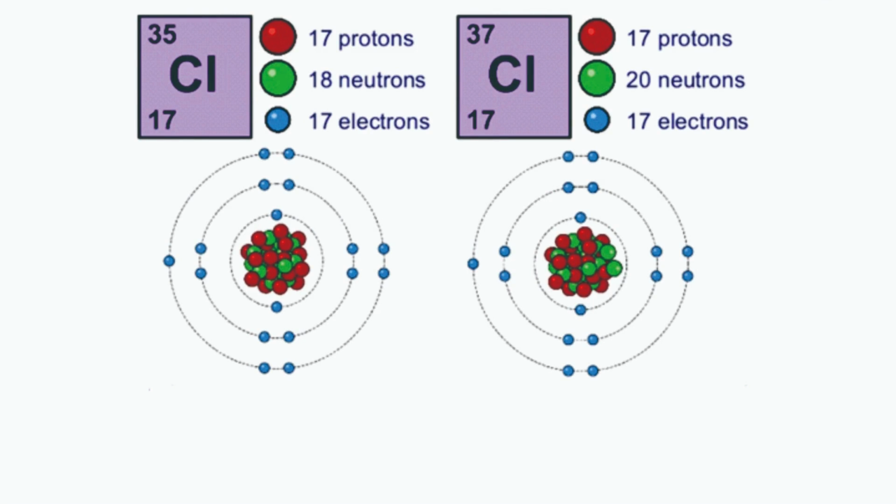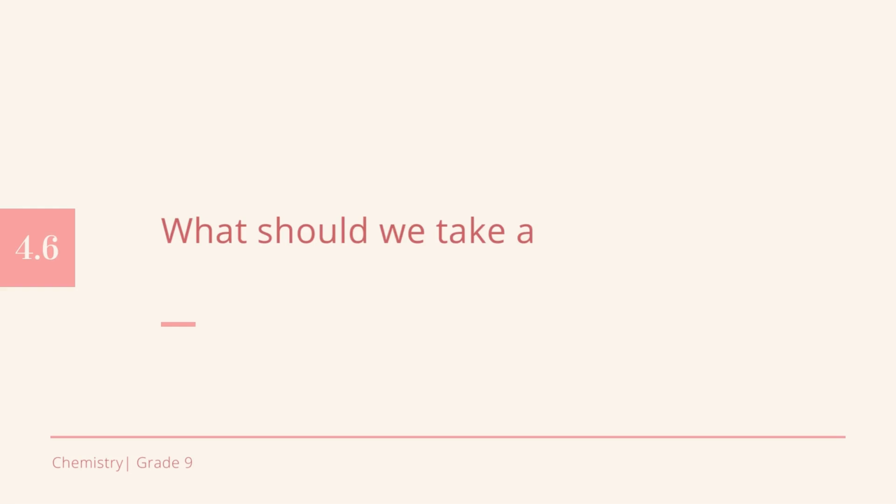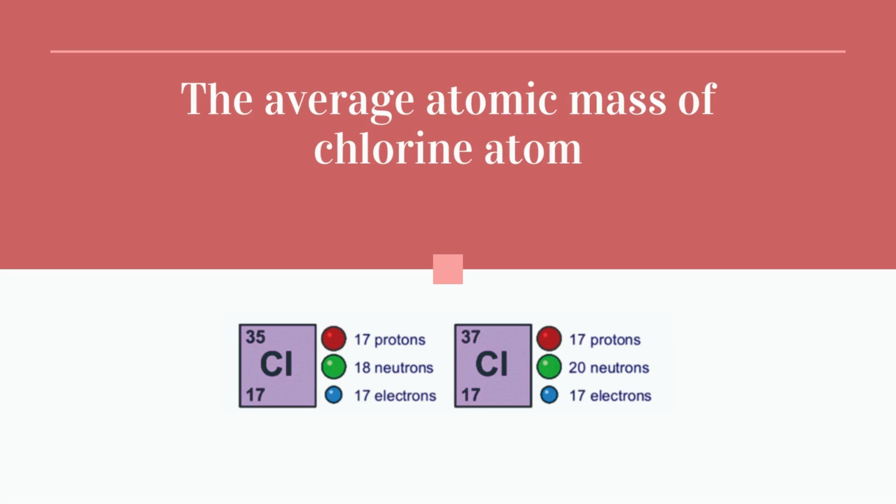Chlorine occurs in nature in 2 isotopic forms with masses 35 U and 37 U in the ratio of 3:1. Obviously, the question arises, what should we take as the mass of a chlorine atom? Let us find out.